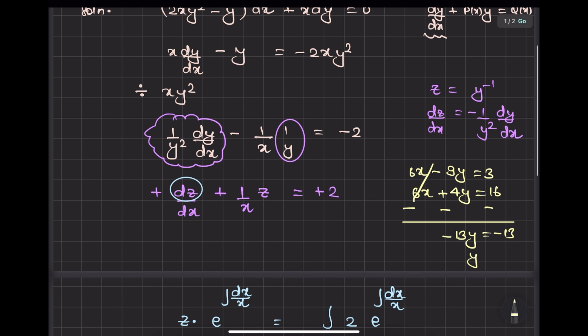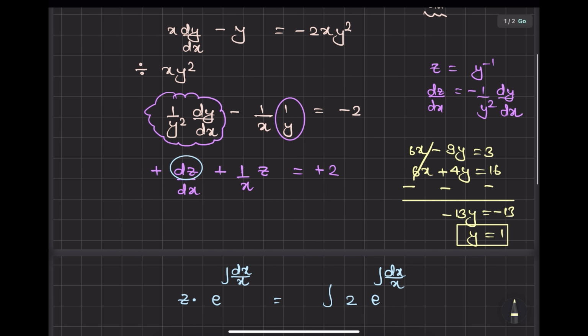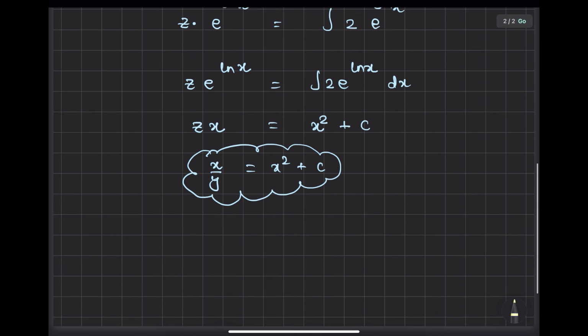So we got the value of y as 1. Suppose y is 1. So minus 3 to that side, plus 3, so 4. So x will become 2. This means our curve is passing through 2 comma 1.